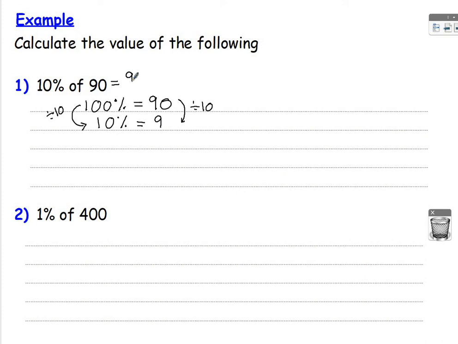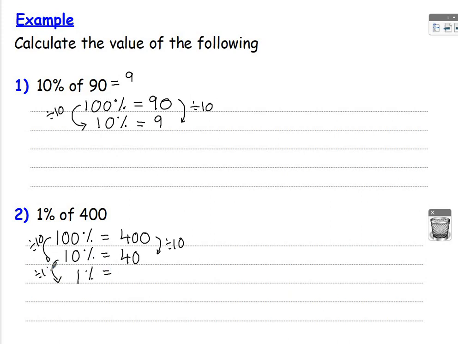Okay, let's look at the next one. Finding 1% of 400. Again, remember 100% is 400. To get to 1%, I'll be thinking, well, I know that to find 10%, we divide by 10, which is 40. To find 1%, how do we get from 10% to 1%? Divide by 10 again.